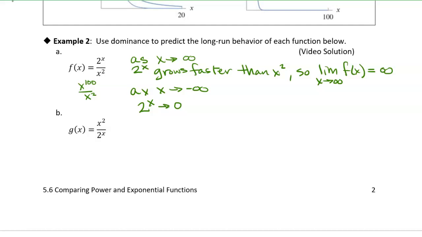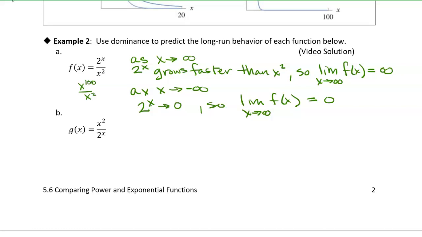So that goes to 0, but the x squared dominates the exponential function, so the limit as x goes to infinity of f of x is going to be 0. All right, because we're taking 0 and dividing by some larger number, and it's going to be 0.